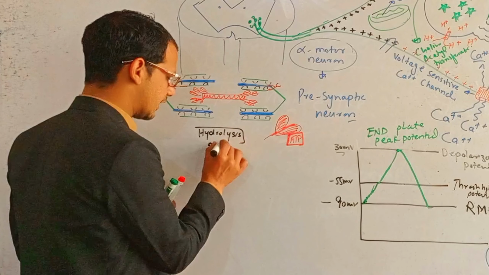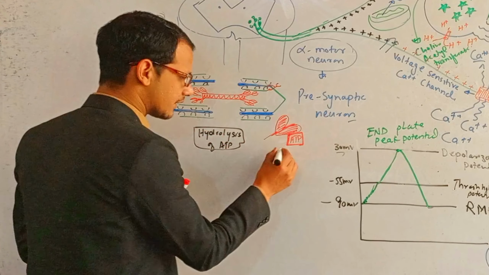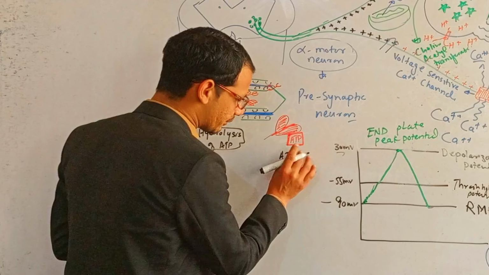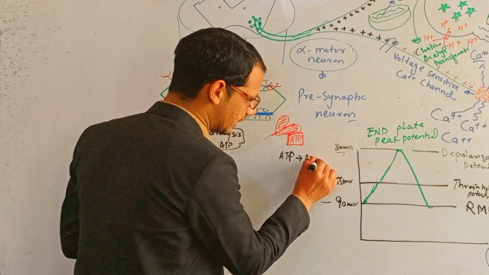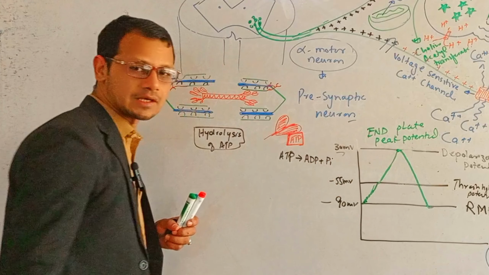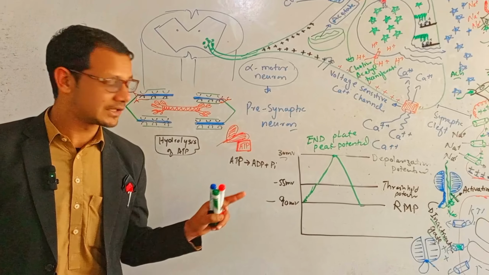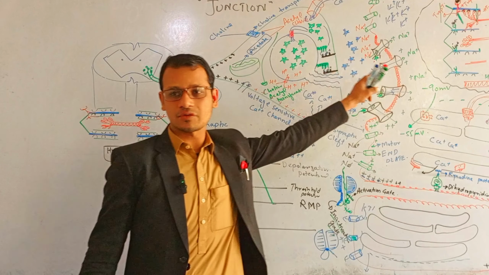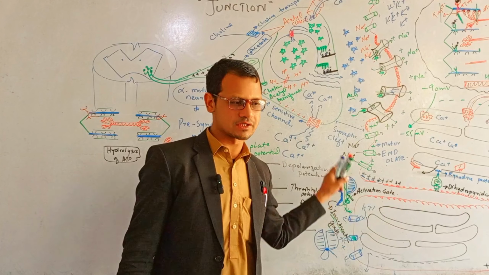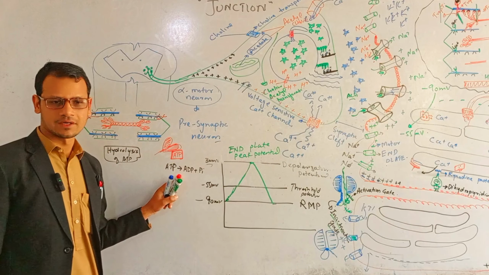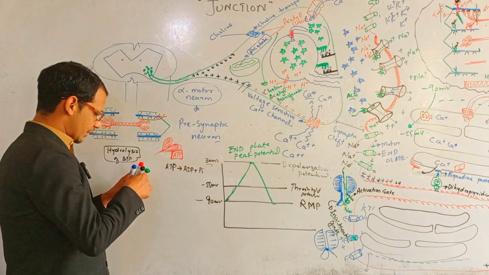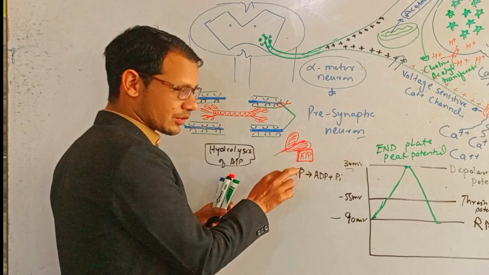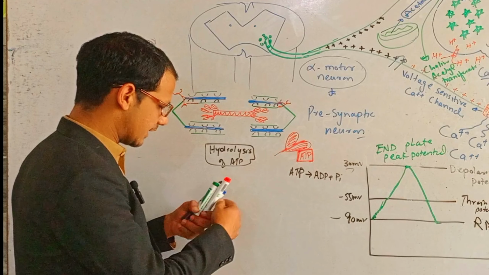What it means is that ATP breaks down into ADP plus inorganic phosphate. What is the mechanism behind this hydrolysis? This whole mechanism is responsible for the hydrolysis of ATP into ADP and phosphate. Now, when it becomes hydrolyzed, it becomes like this.